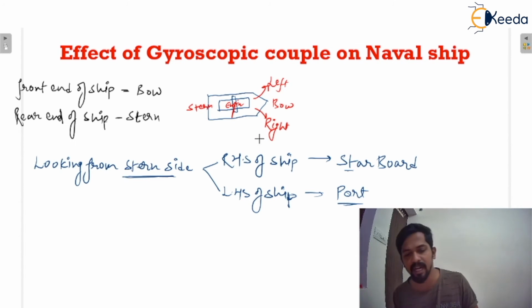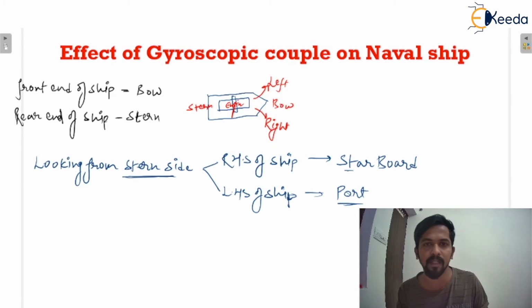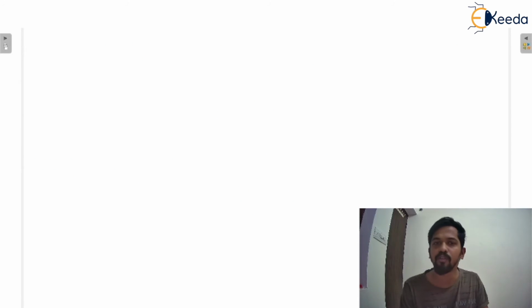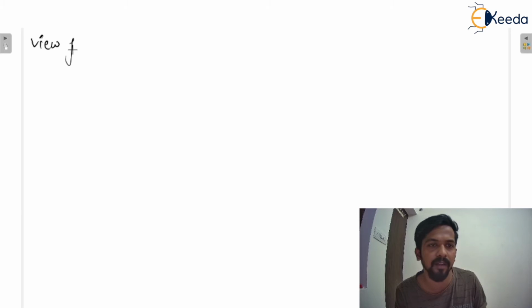Now we will consider the effect of the gyroscopic couple, and the magnitude, you all know that C is equal to I omega omega P. So now we are considering the case viewed from the rear end. Rear end is also known as stern.